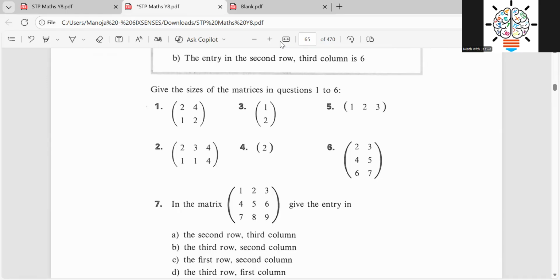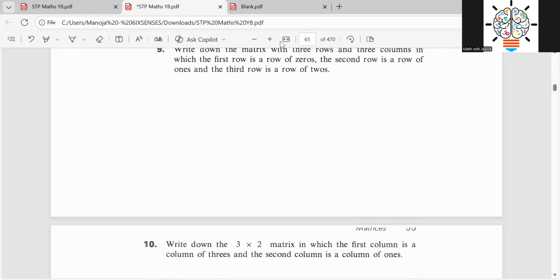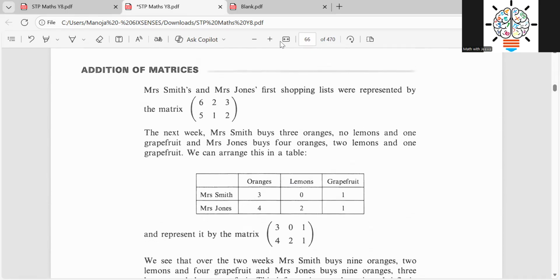The entry in the third row, second column is 8. The entry in the first row, second column is 2. The entry in the third row, first column is 7. This is how you want to write the answers, right? Okay, so then we will move to the addition of matrices.